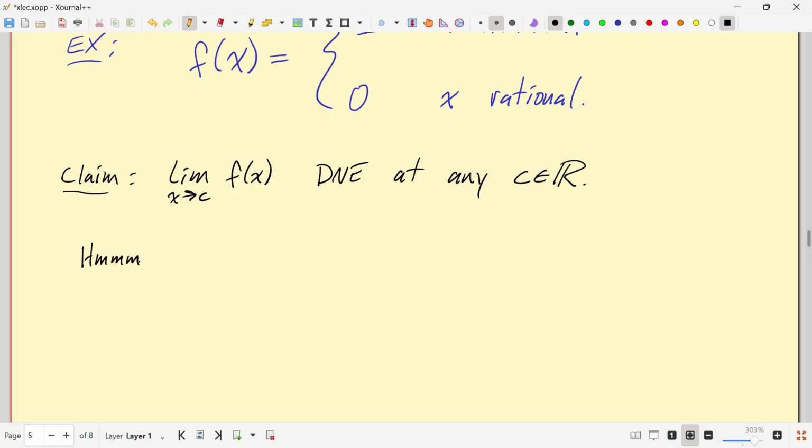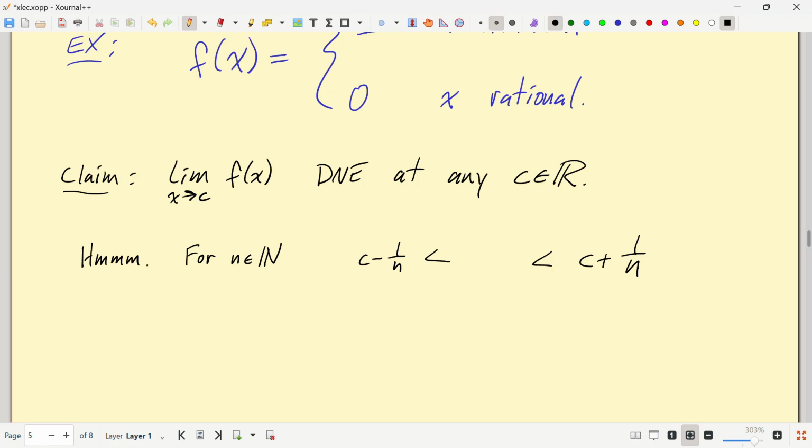And so here's what I'm going to do. For each n, a natural number, I'll have c minus 1 over n less than something less than c plus 1 over n.